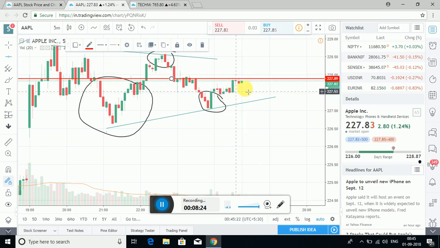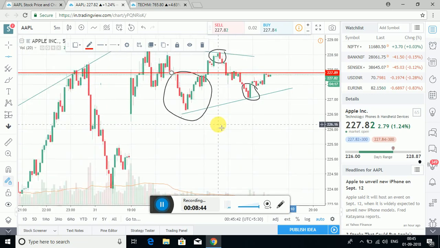But we can see that a fight between buyers and sellers is going on right now. Now, if this stock breaks this level, we're going to wait for a retracement, and then we can be sure that some buying strength exists, and we can take a position to buy over here, and we can have our targets till over here.